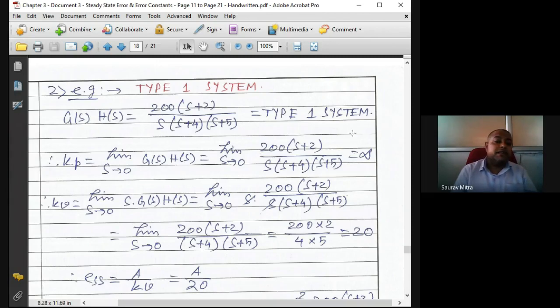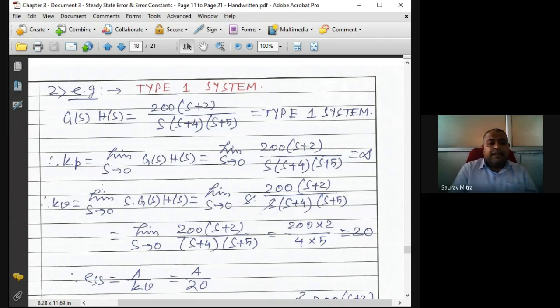A very special case: the positional error constant for a type 1 system will be infinity. Again, I'll repeat, substitute s equal to 0, the denominator is going to be 0, the numerator is 400, so 400 by 0 will be infinity.